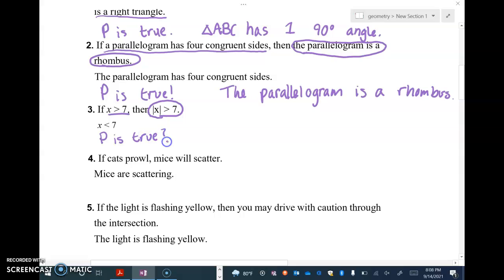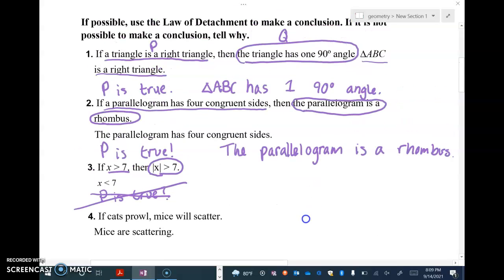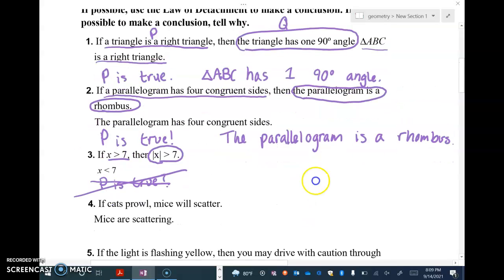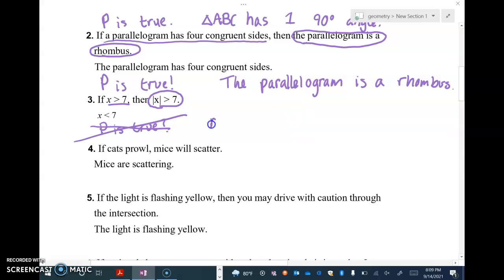No, X is less than 7 is not the same thing as X is greater than 7. So if we don't know that P is true, we cannot say that Q is true. So we have to say we can't make a conclusion here. We don't know if P is true.